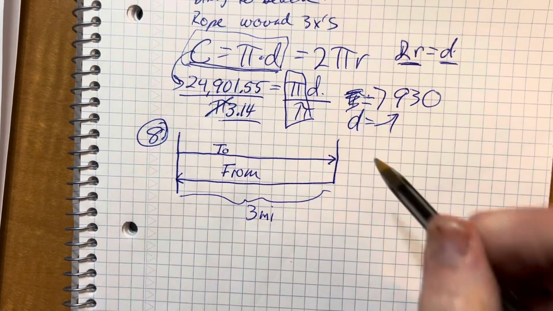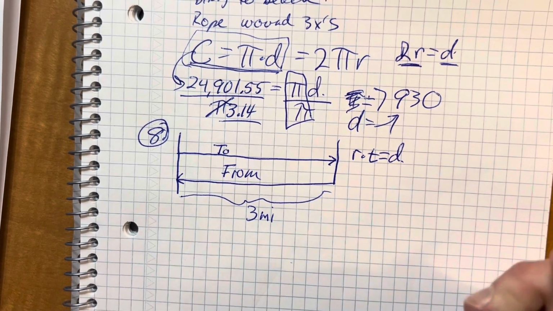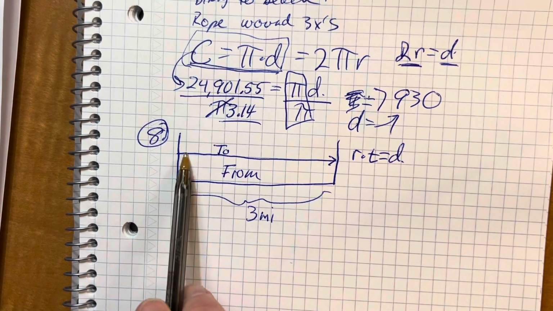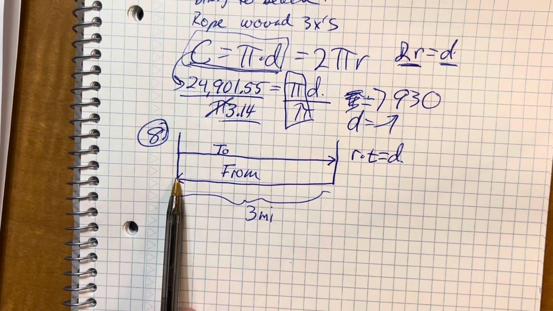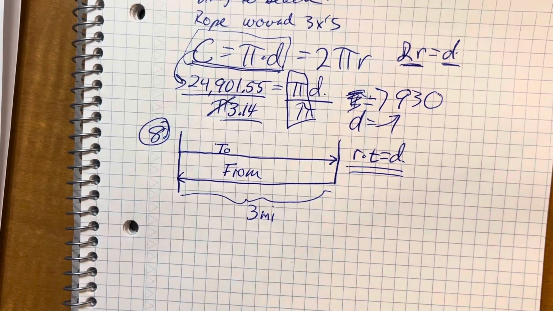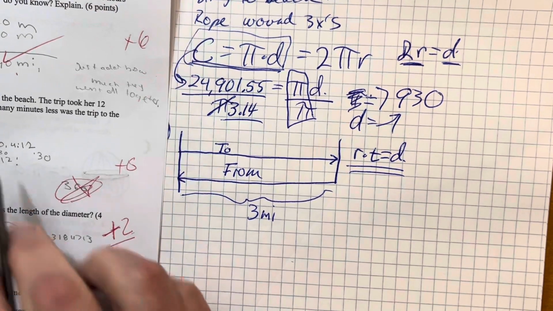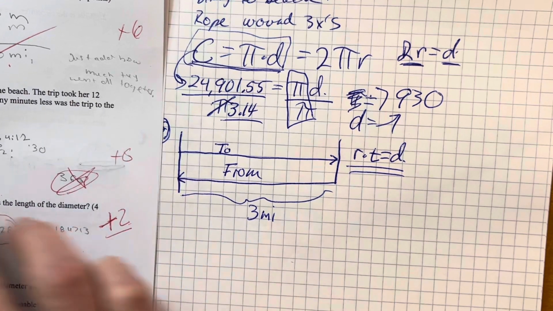Now here's what we know. We know that rate times time equals distance, no matter which direction we're moving. And I think that's maybe where you got confused, is you forgot to use this equation. Rate times time equals distance. Well, Patty traveled from her home on her bicycle and went 3 miles to the beach. The trip took 12 minutes.